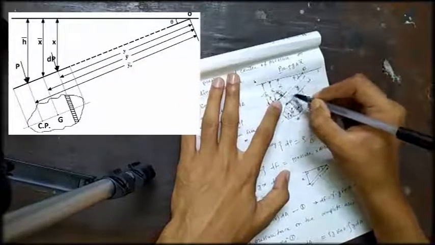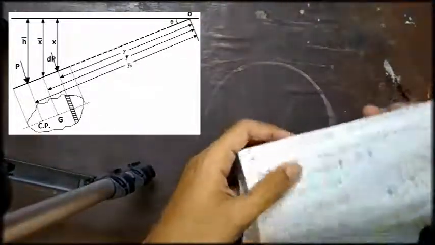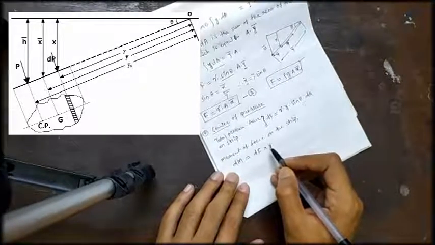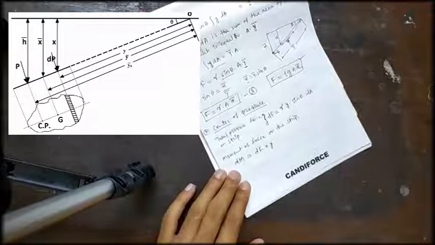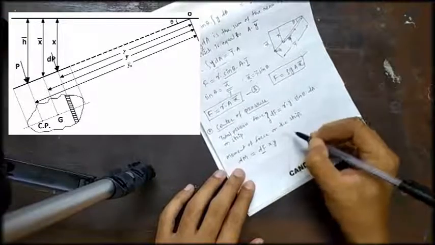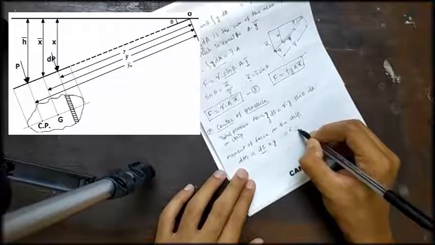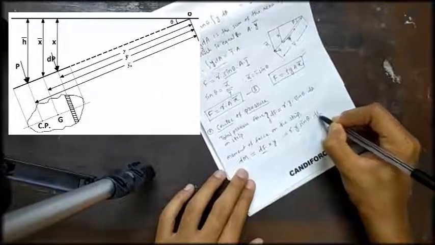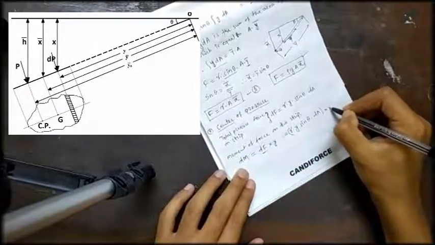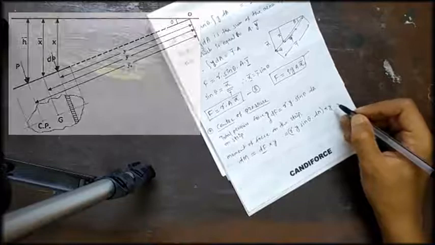I will have to take the force into perpendicular distance. So using this we can write dM is equal to dF into y, correct. Now put the value of dF in this equation. So dM becomes, now dF is this much, gamma into y into sine of theta into dA. I will put a bracket for this dF term into now y, correct. So this is our y which we have kept as it is. So this is our equation of dM.